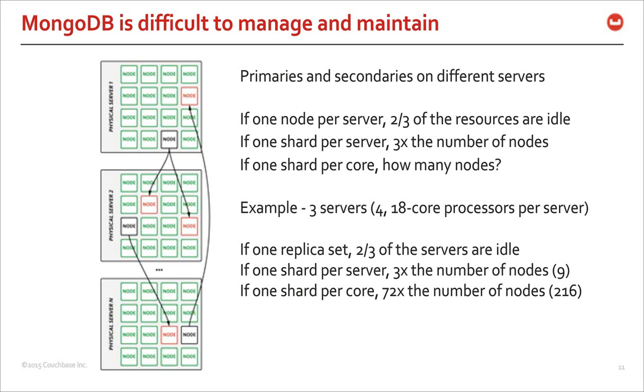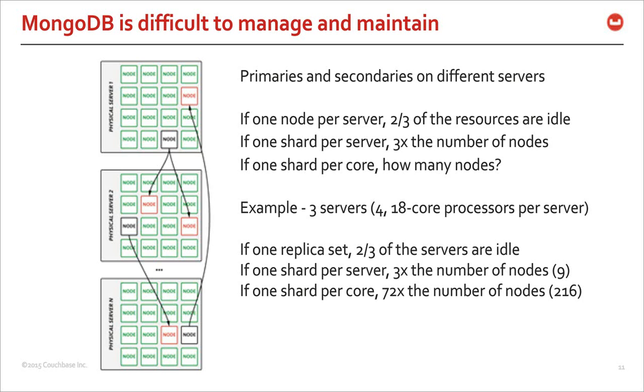And so what we're trying to get at with this particular example is that if you're running on fairly modern hardware where you have multiple sockets and multiple cores, in this particular example, 4 sockets, with an 18-core processor in each socket, you have quite a few resources available to you.